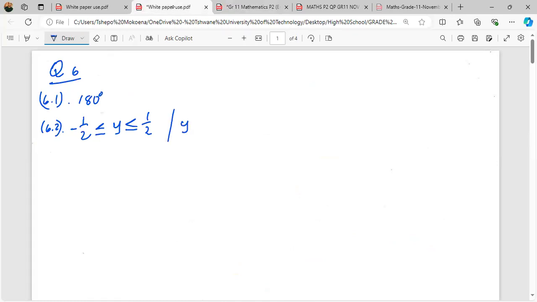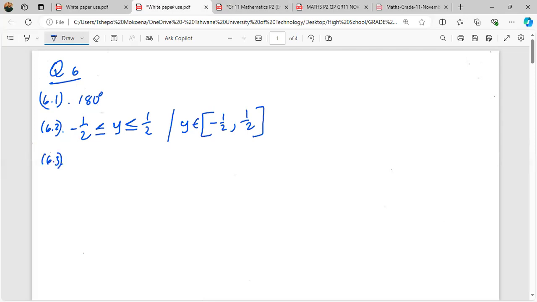You can say y is an element of, square brackets mean include, right? Between negative 1/2 to positive 1/2 inclusive. We are including 1/2 and negative 1/2 because our graph passes there. Do not use the round bracket. Use the square bracket. Okay, that's how you can do it, like this or like that. So I showed you two ways to kill a bird.